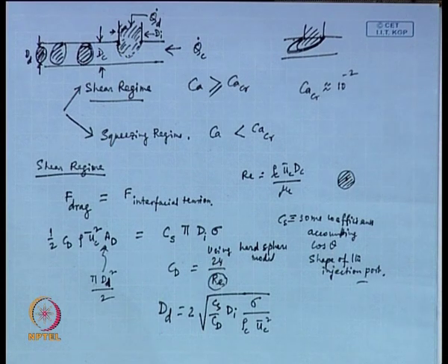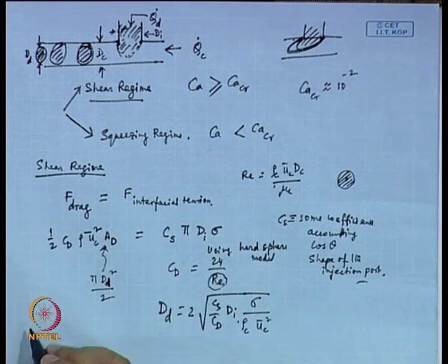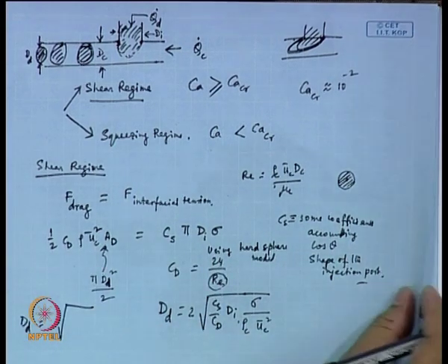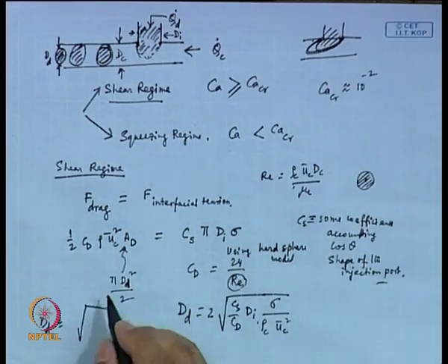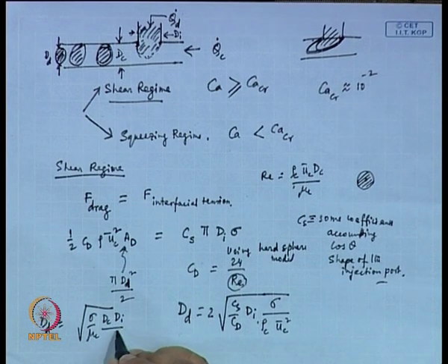Now, if somebody assumes C_s to be equal to 1 and C_d to go there, then the droplet diameter would be equal to the square root of σ divided by μ_c C_d d_i divided by uC bar.